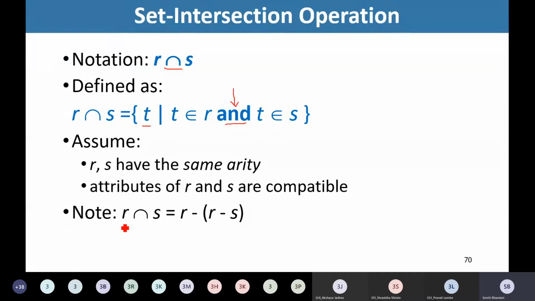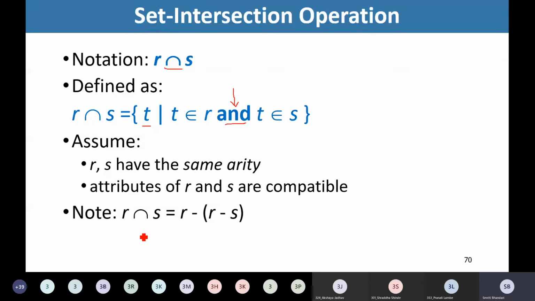As I stated, this intersection operation is an additional operation and it is not adding any power to relational algebra. It only tries to simplify things.